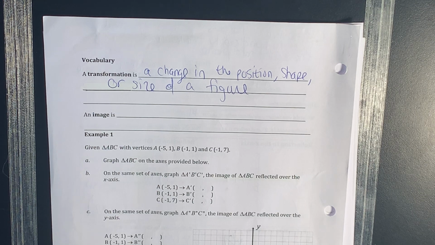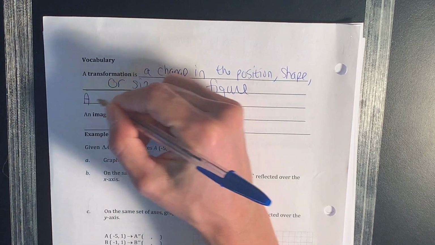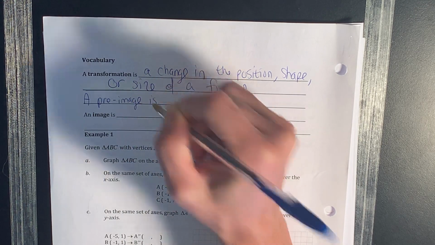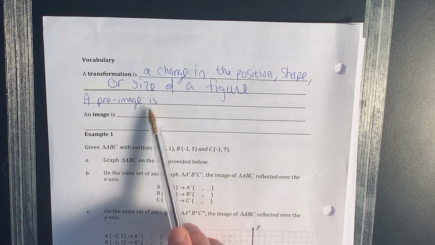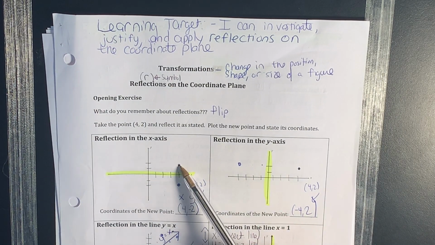Now, we have what's called an image point and we have what's called a pre-image point. So I'm going to add the pre-image right here. Now, the pre-image is the point that you begin with, the point that you start with.